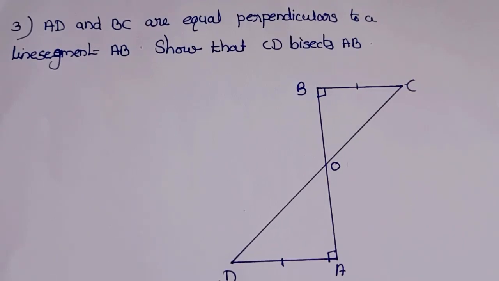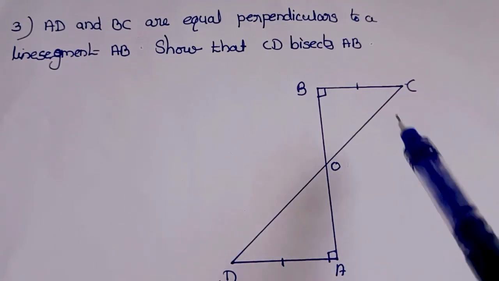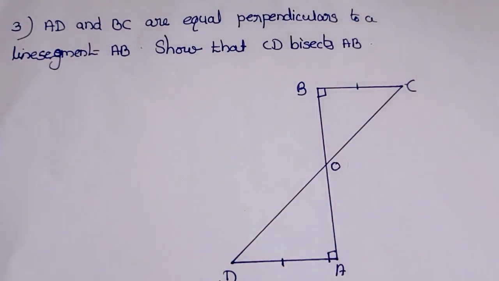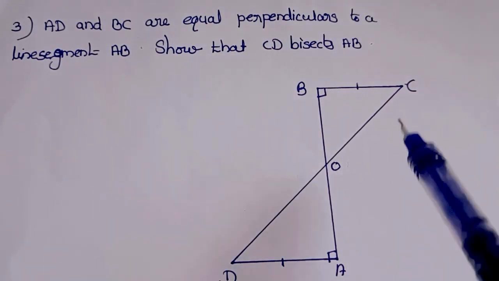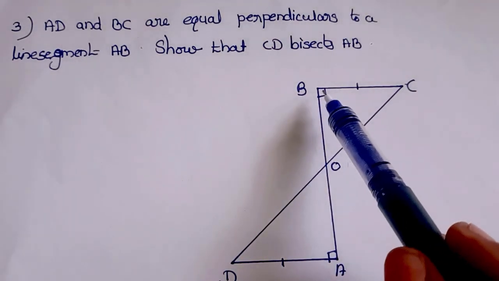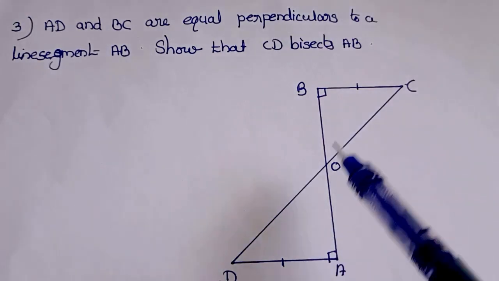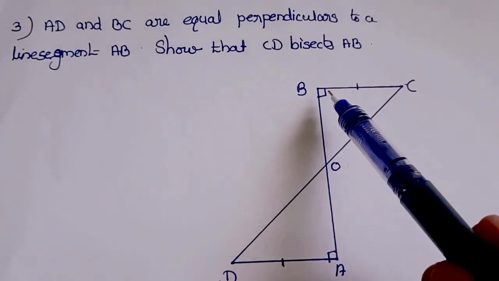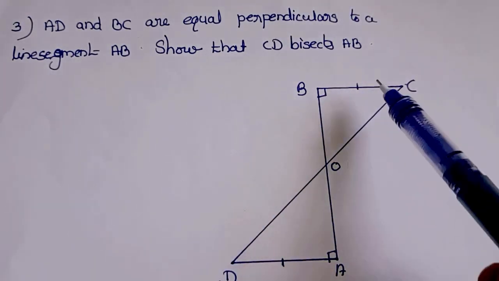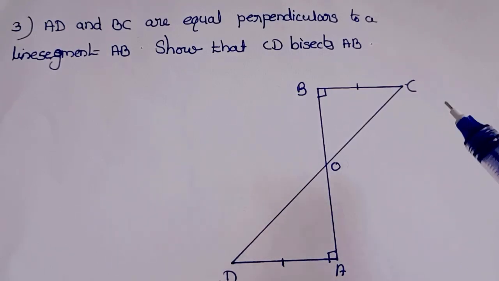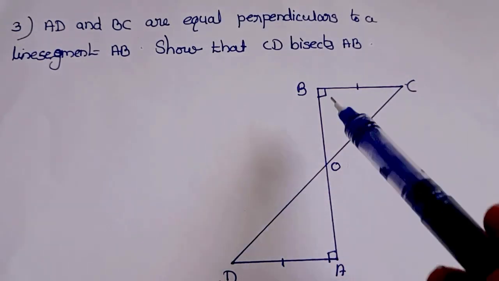Third question. AD and BC are equal perpendiculars to line segment AB. They are perpendicular to AB and they are equal, these two line segments. Show that CD bisects AB.